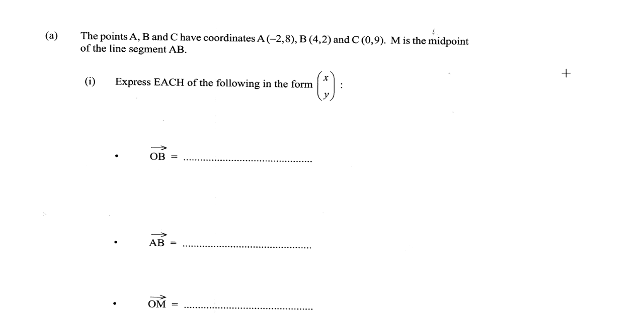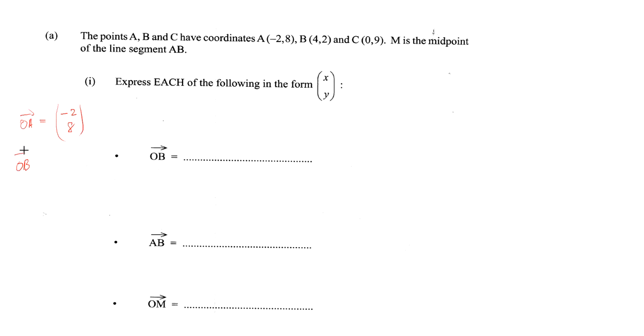Okay, so this question is related to vectors. We have 3 points. They give us the coordinates, and they said M is the midpoint of the line segment AB. Based on the coordinates they gave us, we know that OA is minus 2, 8.